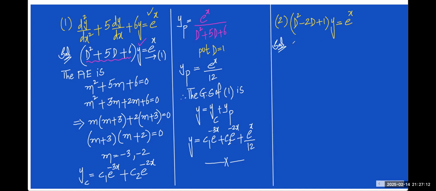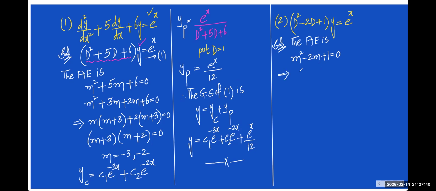Already the operator form is there, so we should write the auxiliary equation directly. The auxiliary equation is m square minus 2m plus 1 is equal to 0. What I said: when I am writing the auxiliary equation, I don't consider the y value and I don't consider the right hand side value. Whatever it is, we should take it as 0.